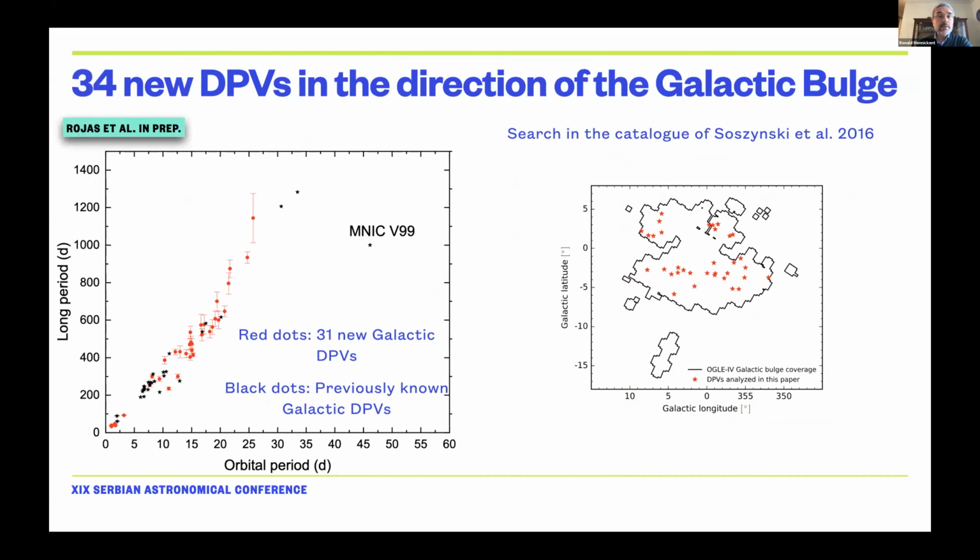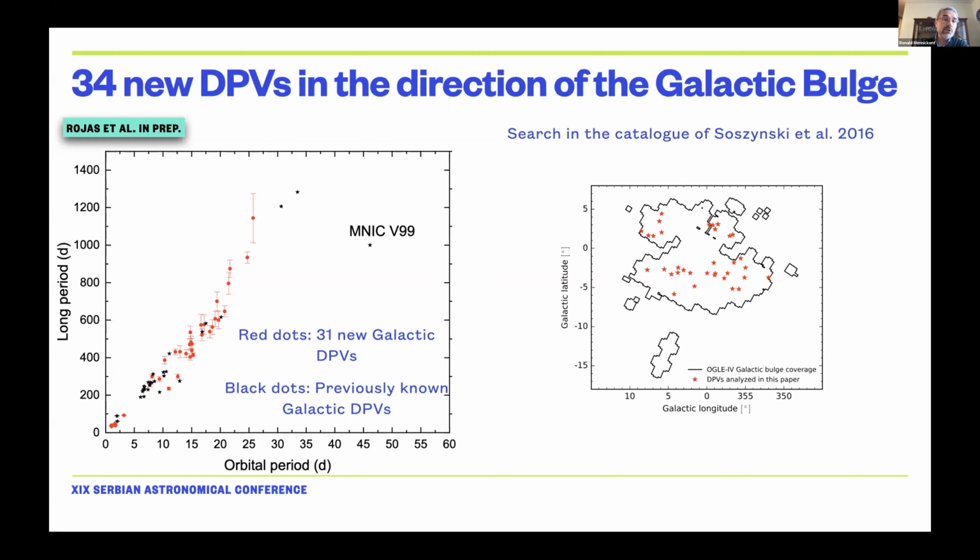I would like to present here three new double periodic variables found in the direction of the galactic bulge. This is part of a thesis of one of my students in the master program of my university, and the paper is in preparation.